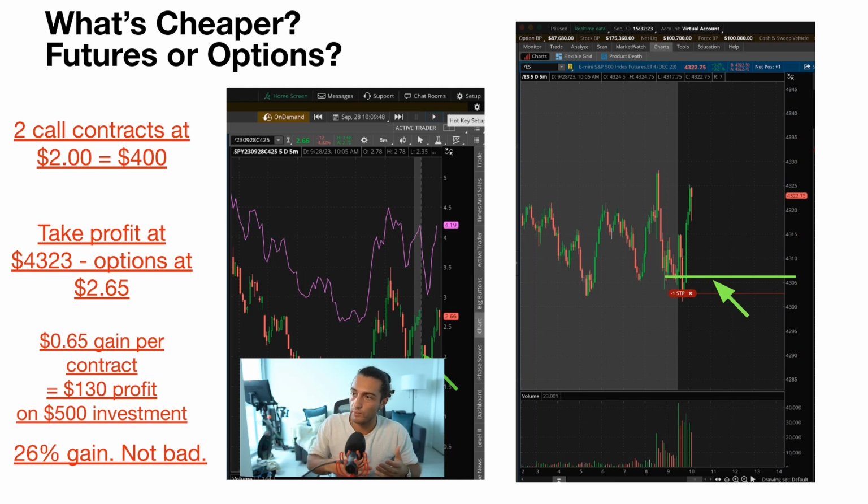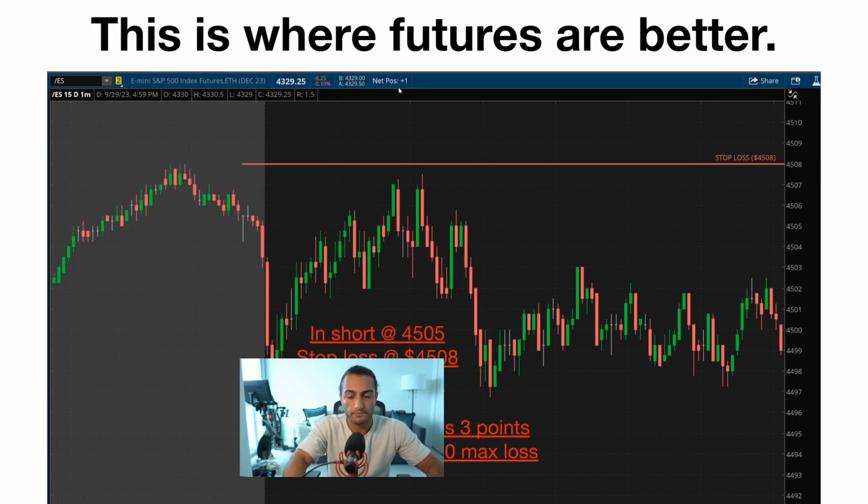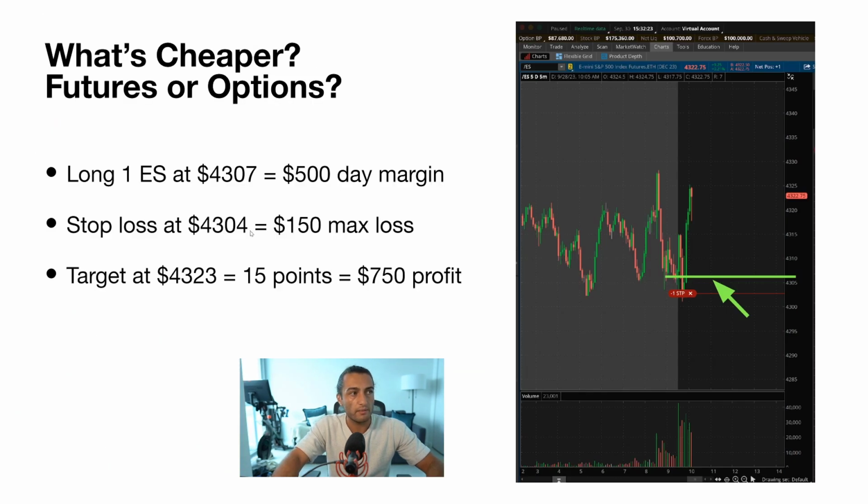Okay, on the same move with $500 in my futures account, I was able to capitalize and make $750, where really I was only risking $150, because if you go back here, I had a set stop loss. If the price came down, I was only going to lose $150. Okay, so I had 500 in my account.